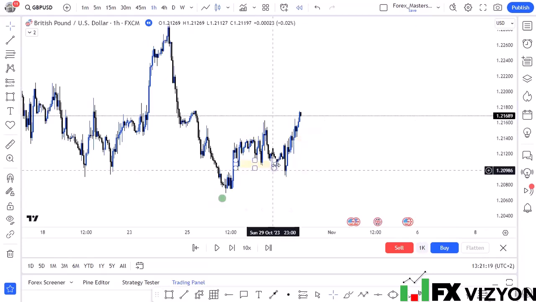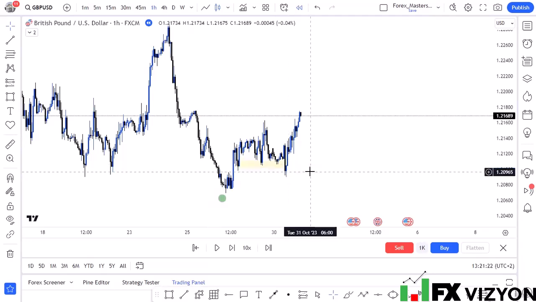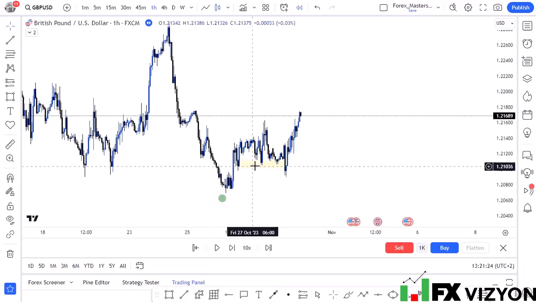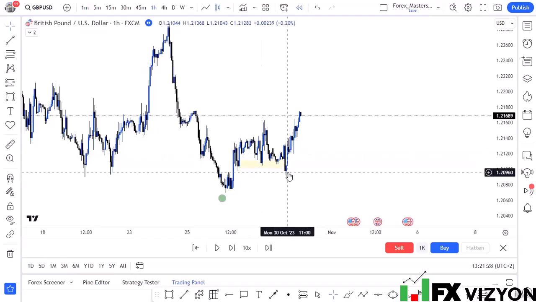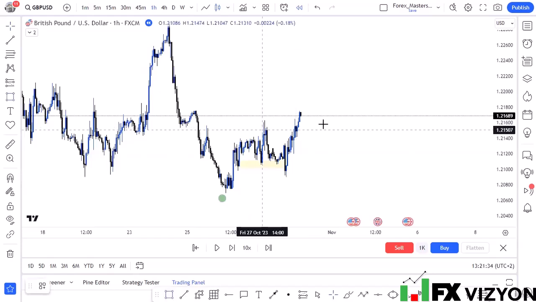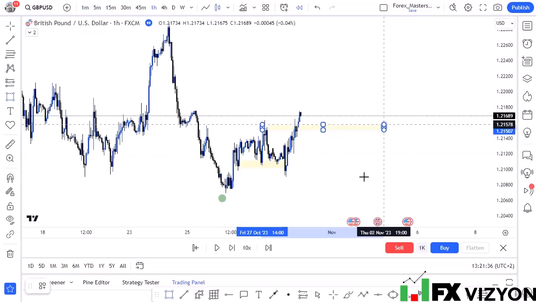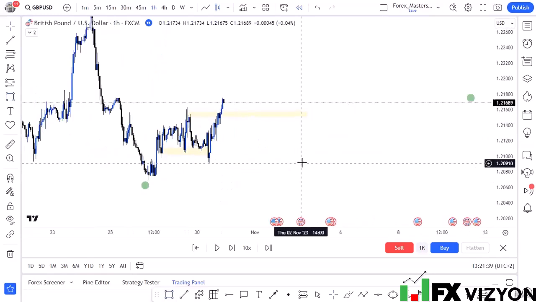So what the market did is that it came back to this area more than once, more than 2 times. 1, 2. All right, then what is happening? Price has broken above that area, so I have this as my major structure, my major area of interest.